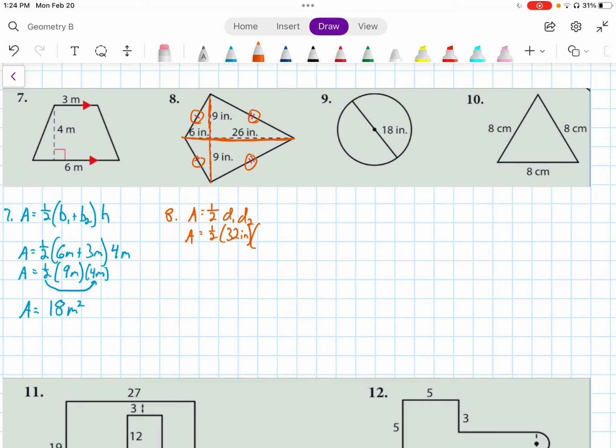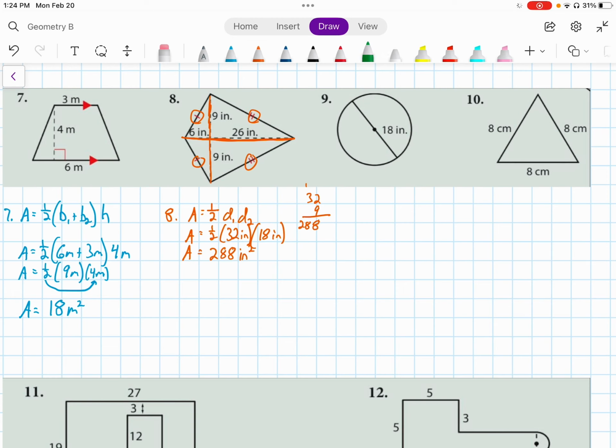That is 18 inches. And we can do half of 18 is 9. 9 times 32 is 288 inches squared.